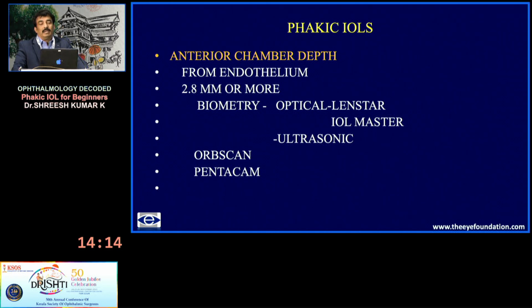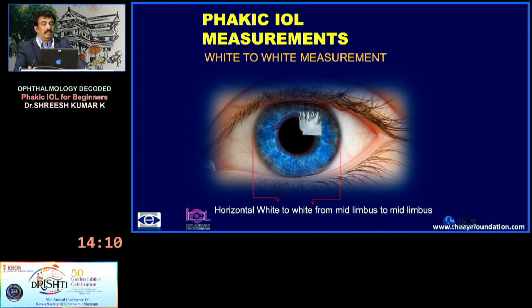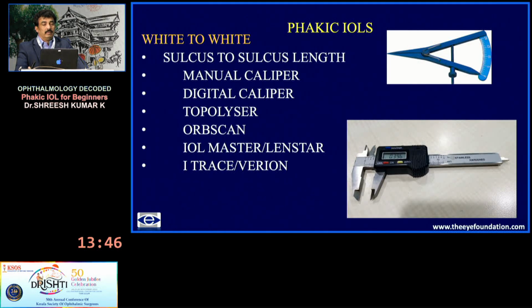So it should be more than 2.8 millimeters. And horizontal white to white measurement from mid limbus to mid limbus is extremely important. The measurement of white to white distance using a caliper has been proven to be a simple but reliable method. We should make sure that the caliper is well calibrated and you pre-treat the eye with anesthetic drops.